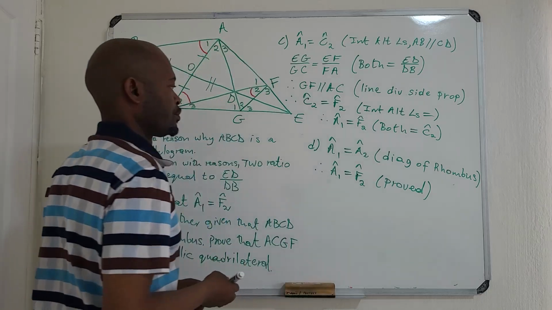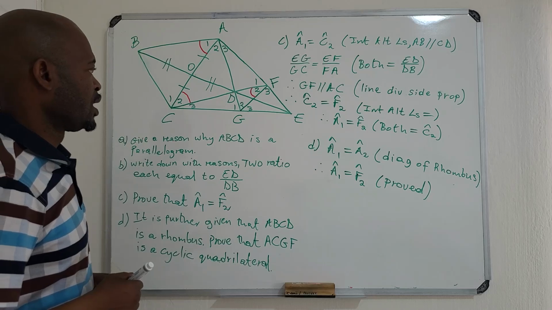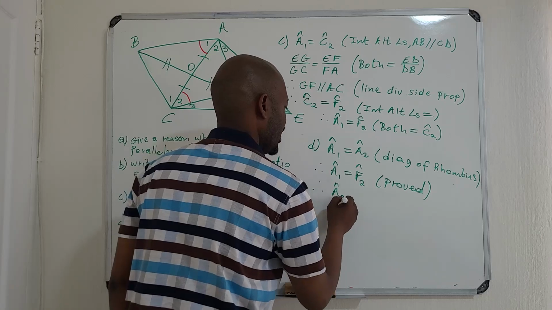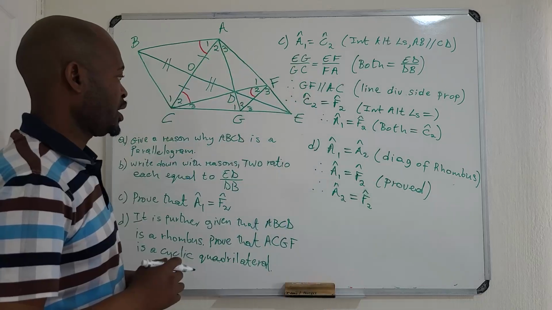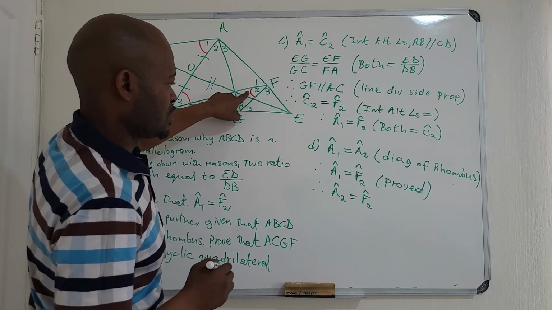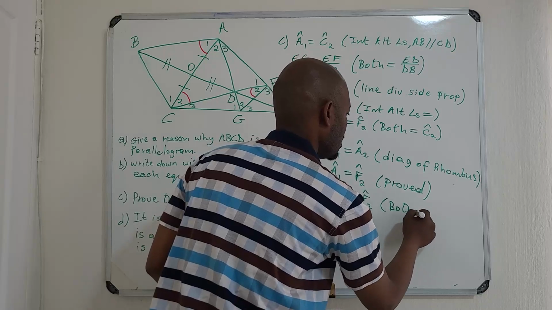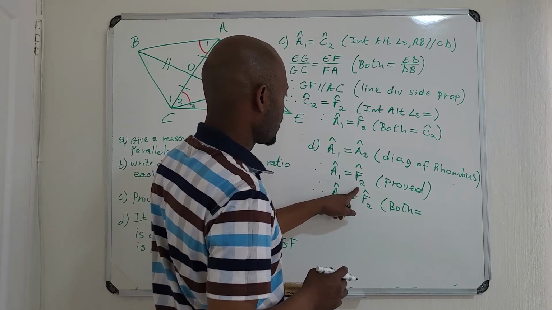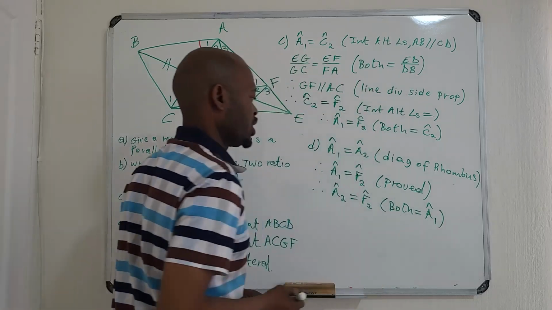Now, angle A2, therefore, angle A2 is equal to angle F2. Reason for that, they both equal A1. You can see that.